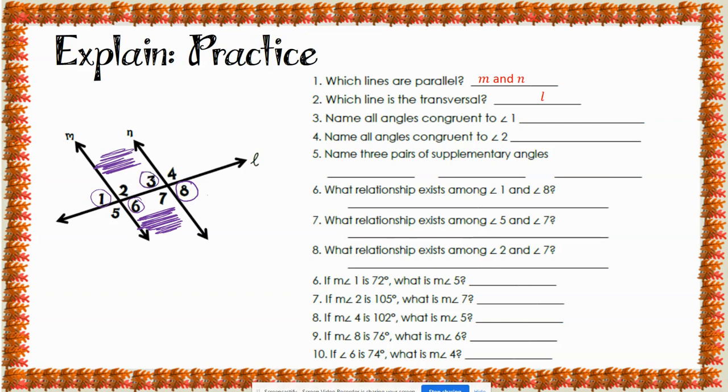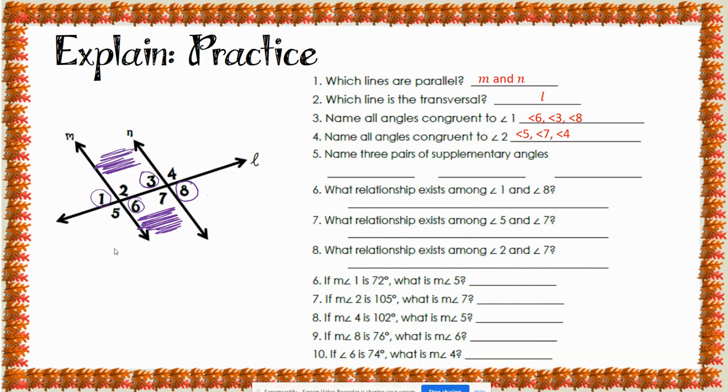I could have also said 3 because I know that angle 3 and angle 8 are vertical to each other, which would mean that they are congruent. So the angles that are congruent to angle 1 are 6, 3, and 8. Now I want you to find all of the angles that would be congruent to angle 2. The angles congruent to angle 2 are going to be angle 5, angle 7, and angle 4.